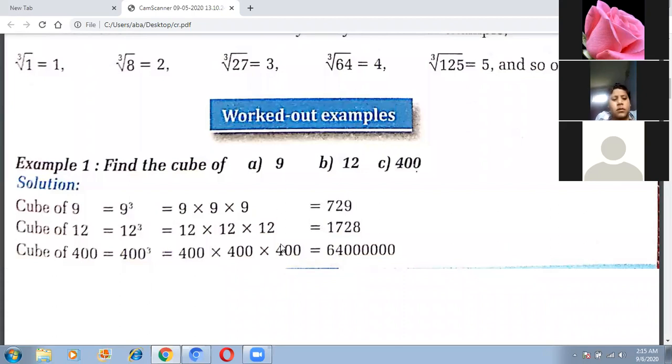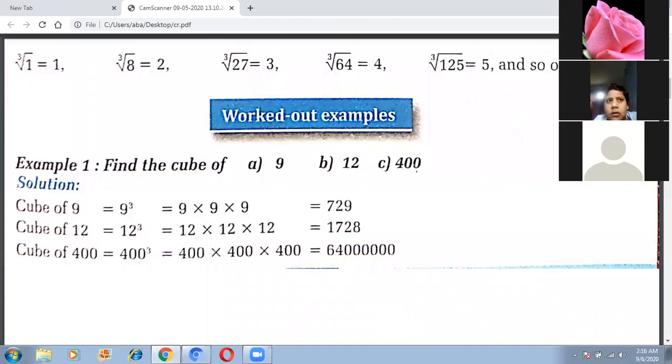You just multiply the numbers 4 into 4 into 4, 64. Then count the zeros and write them after this number. This is how to find the cube of a given number.